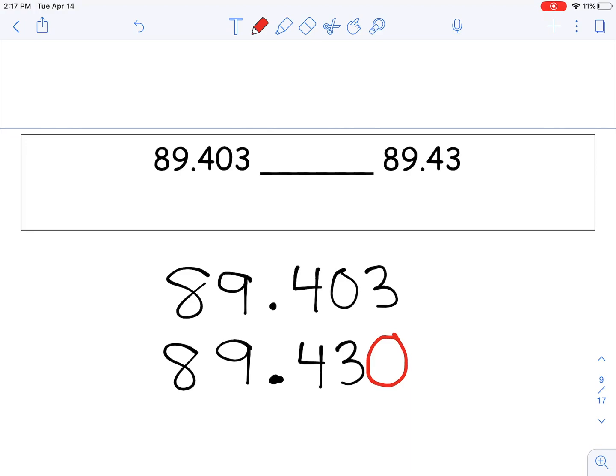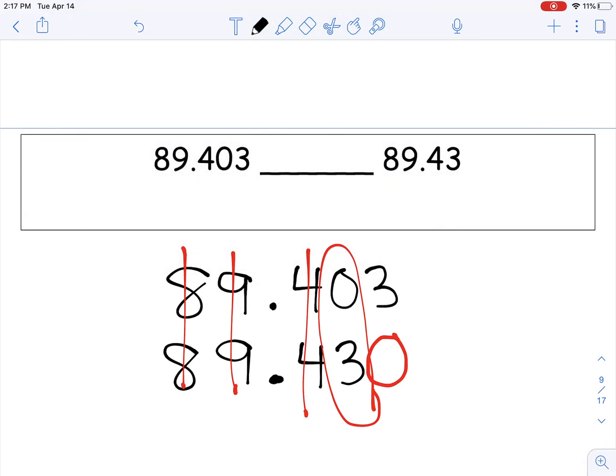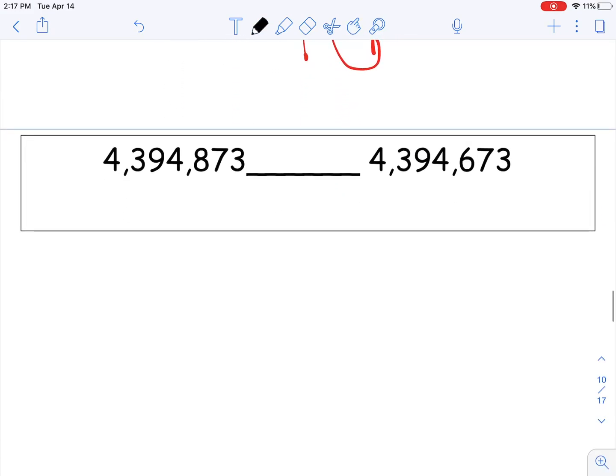And then we compare. Same, same, same, different. And I know 0 is less than 3, so I'm going to use that less than sign. Again, I need to be able to see your work. Please line these numbers up. Please show your work.